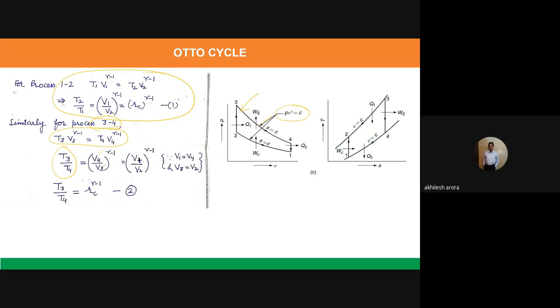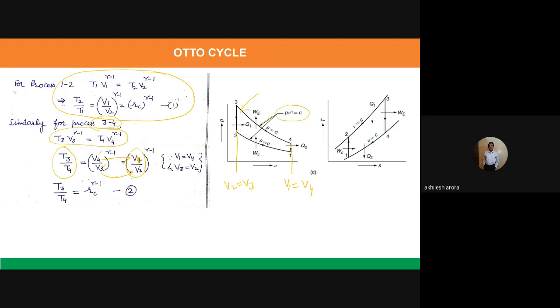Now just see this PV diagram. What is volume V1? V1 is equal to V4, and here V2 is equal to V3. So in this particular expression, in place of V4 I have written V1, and in place of V3 I have written V2. And what is this V1 by V2?